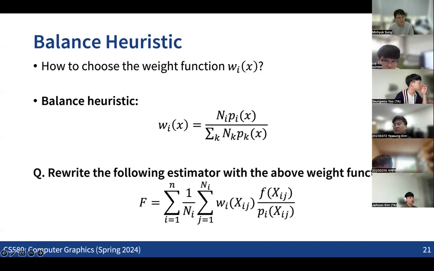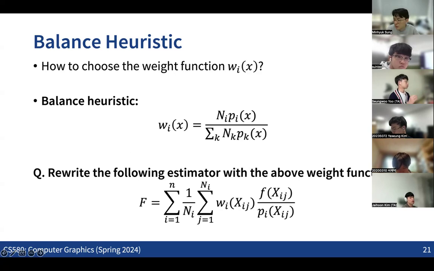This is a very simple trick where we adapt the weight based on the probability of the samples for each sampling strategy, and normalize so that the sum of the weights over the PDFs becomes one. That also gives us an unbiased estimator. Very simple idea.